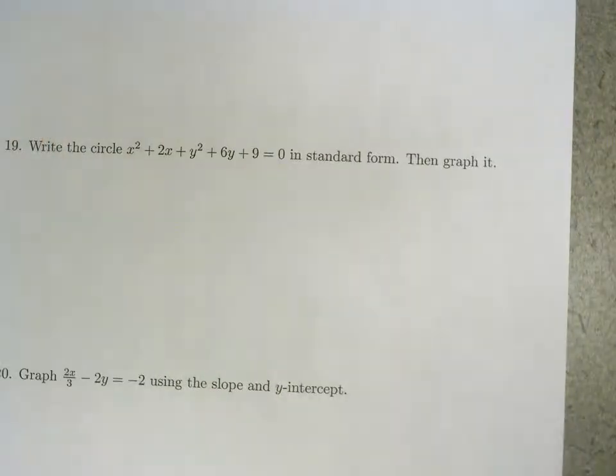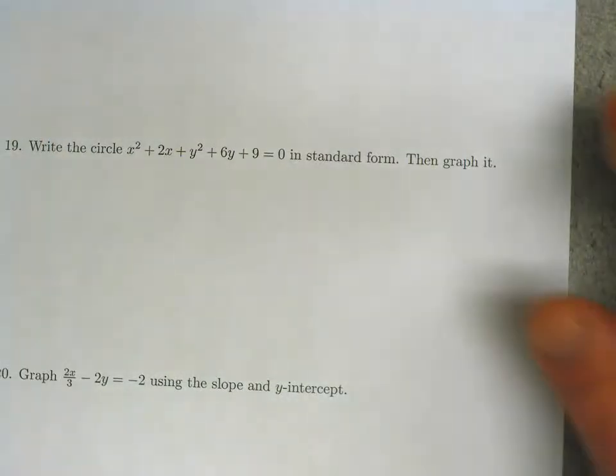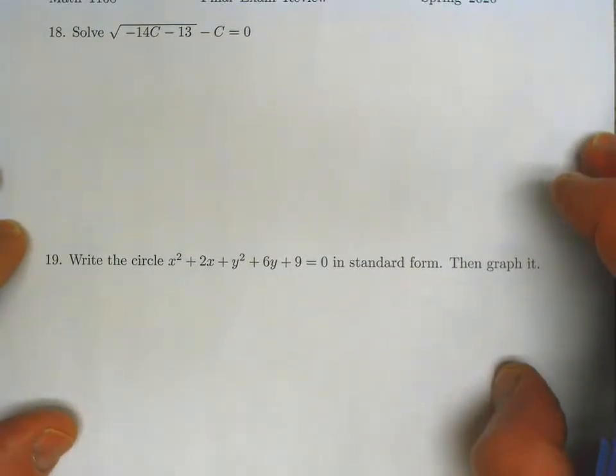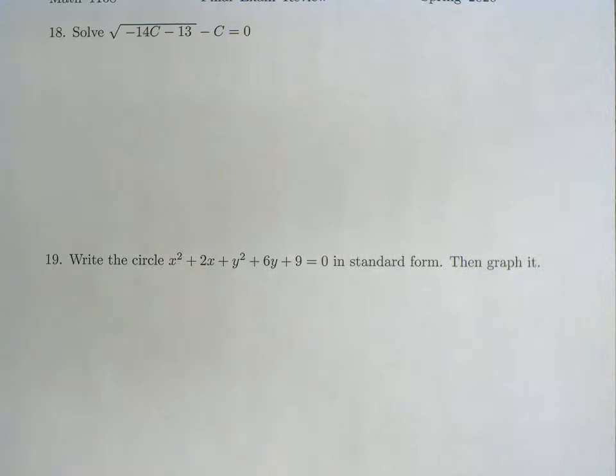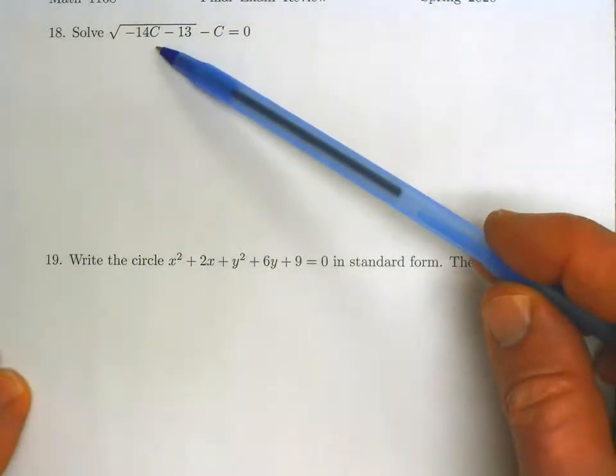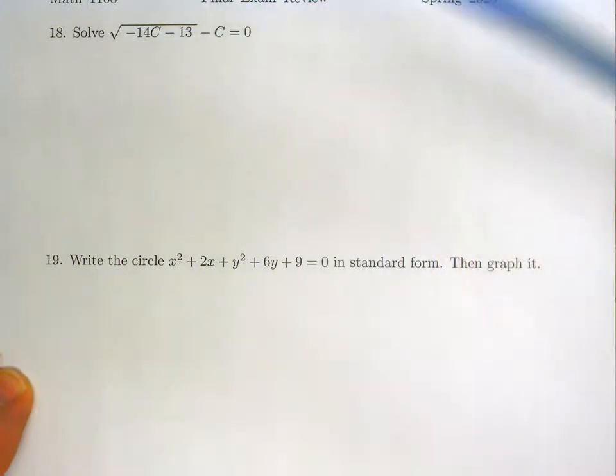Okay, the next problem on the final exam review. Solve the equation, the square root of negative 14c minus 13 minus c equals 0. We want to solve for c. We see that c is inside of a square root.